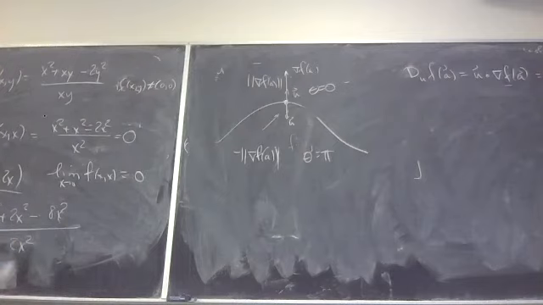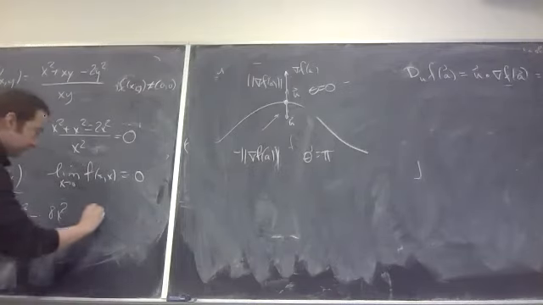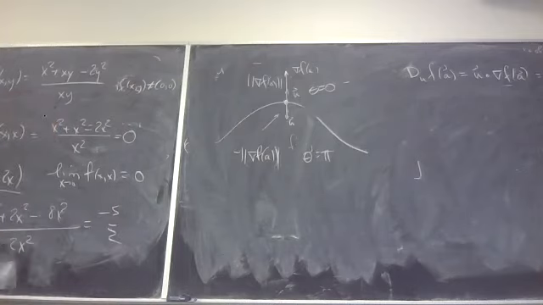All the x squareds cancel, because you get 3x squared minus 8x squared, so minus 5x squared on the top and 2x squared on the bottom. So this is minus 5 halves. On this line, when y is equal to 2x, the function is constantly equal to minus 5 halves.